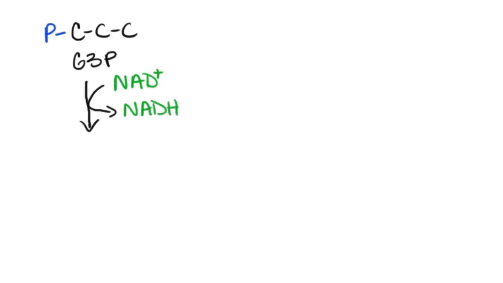Now recall that NADH, since it has the electrons, is going to have more potential energy than the NAD+ would have. So that is a valuable molecule because it is holding on to those valuable electrons. When we do that, we're going to have our 3 carbon molecule, which has lost some of its potential energy because it has lost some of its valuable electrons.